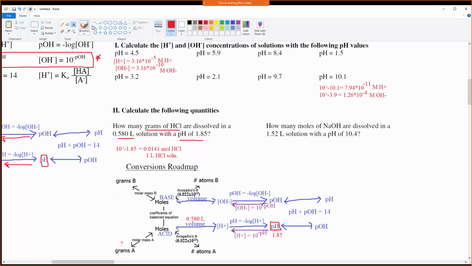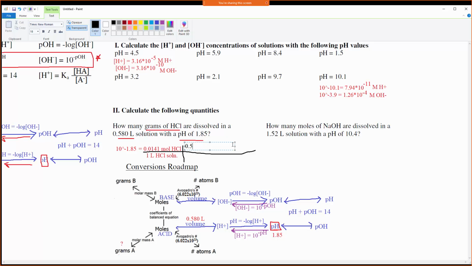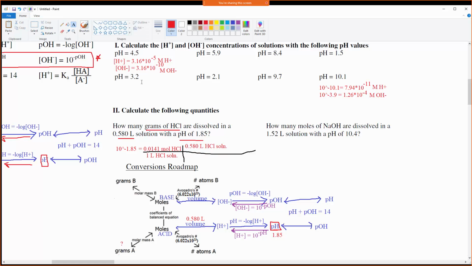Okay, we did that equation. And now we're just gonna fluidly move right into dimensional analysis and say I was given 0.580 liters of solution. I'm gonna stick that right there. Okay.